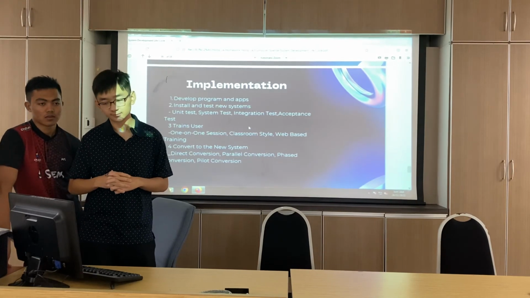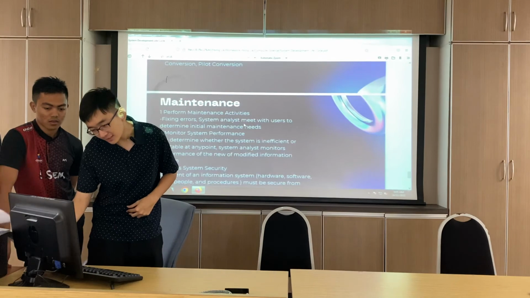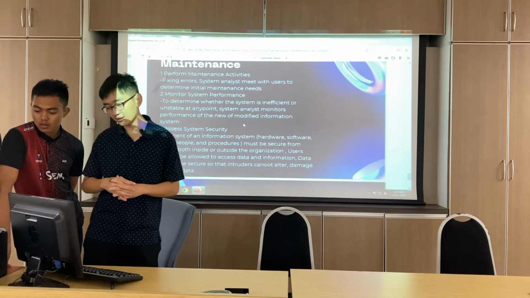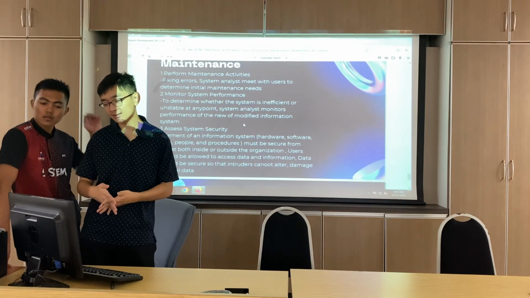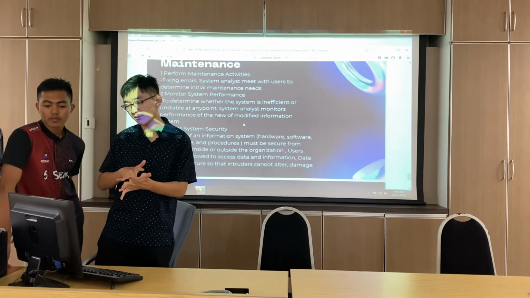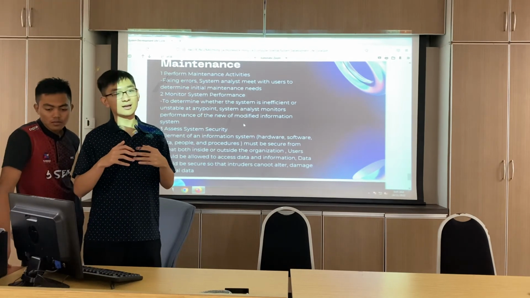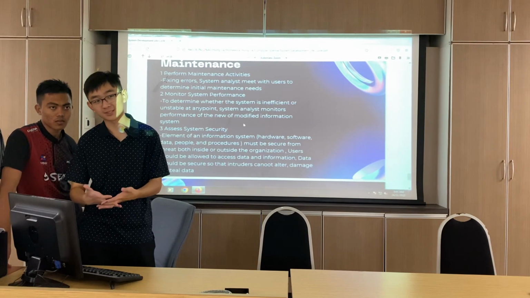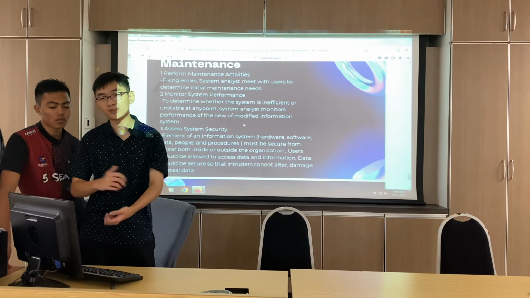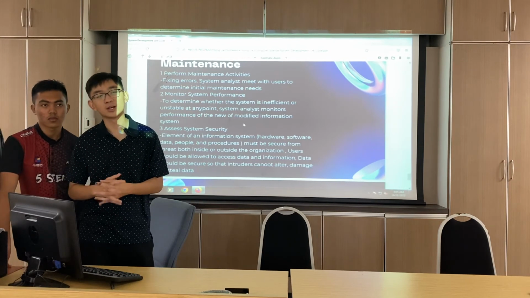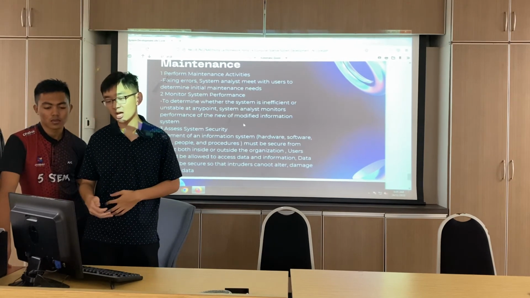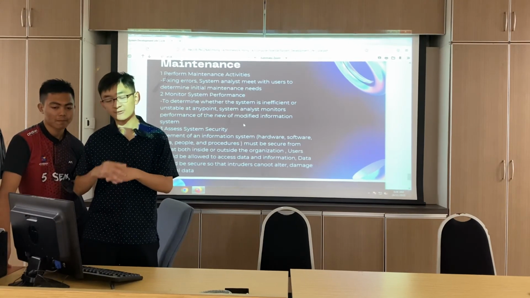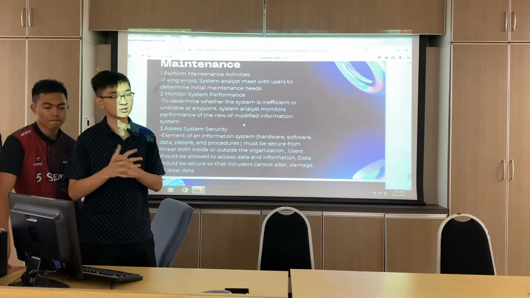And then the last one, the maintenance phase. For maintenance, we fix errors. System analysts work with the users to determine initial maintenance needs, like user feedback, reporting bugs and fixing problems. By referring to the comments from the users, system analysts can discuss with programmers and software engineers, and then they fix the errors, finding the code that causes the bug.